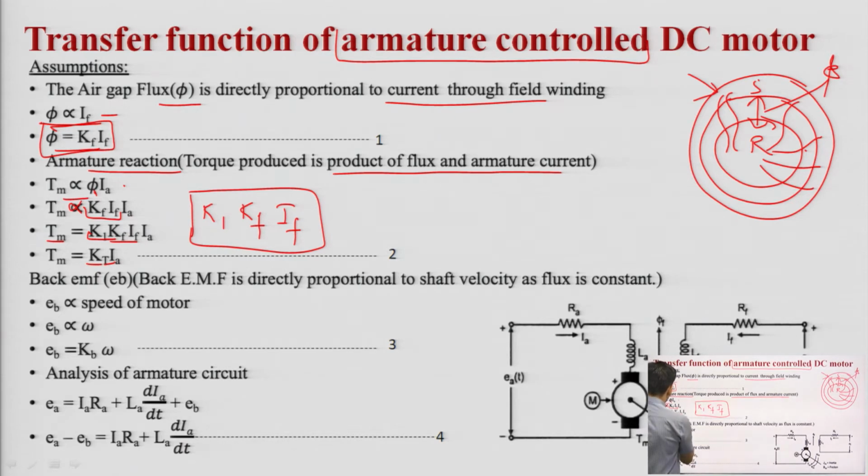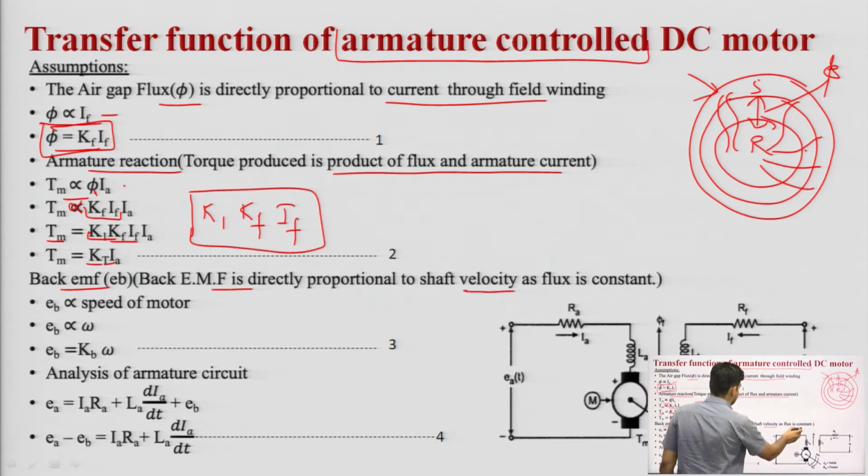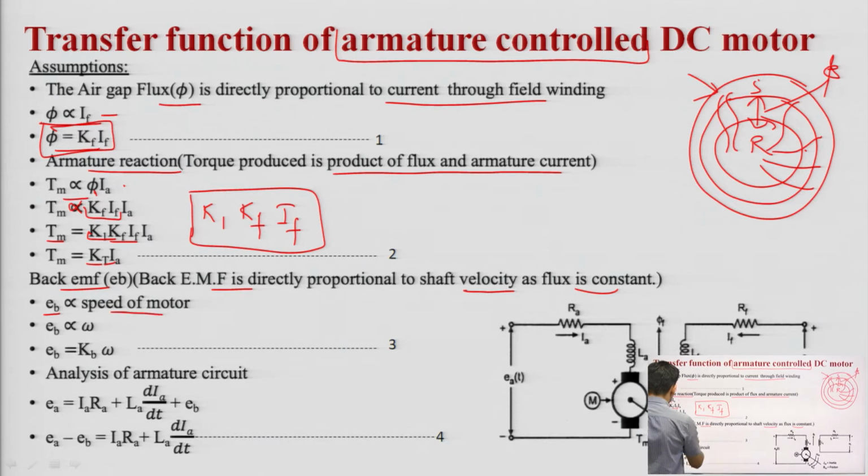Now, the back EMF, which will be generated inside the motor, will oppose this motion. This back EMF is directly proportional to the shaft velocity, and it is given by E b proportional to the speed of the motor. E b is proportional to the angular velocity omega. If you replace the proportionality constant, E b is equal to K b times omega.